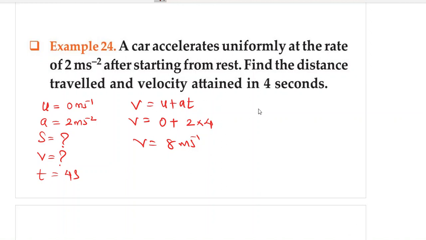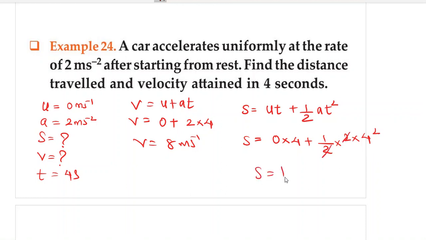Now we can find the displacement. So s is equal to ut plus half at square. So 0 into time is 4 plus half into a is 2 into time square is 4 square. 2 will cut.